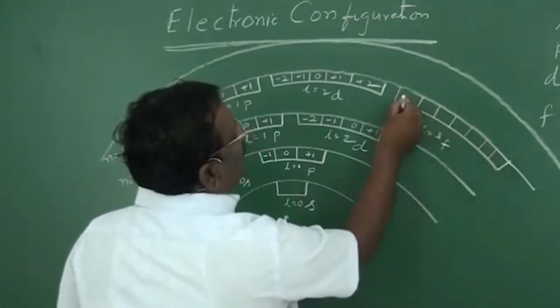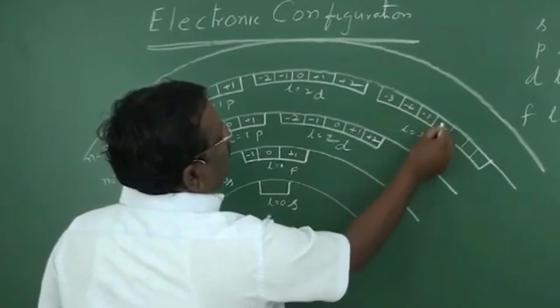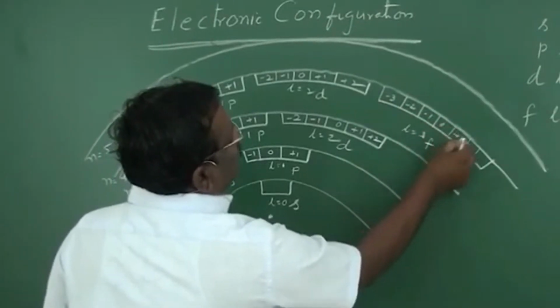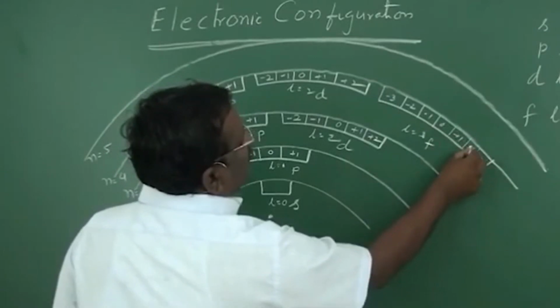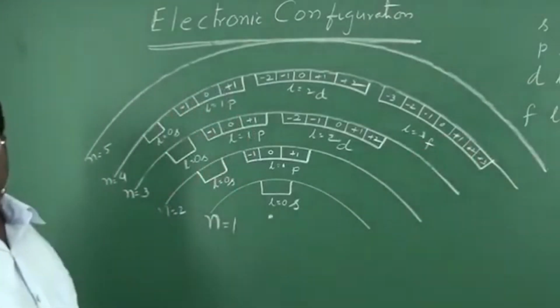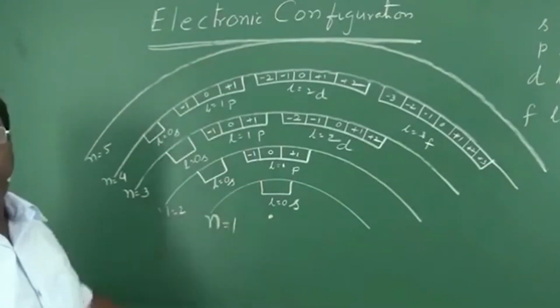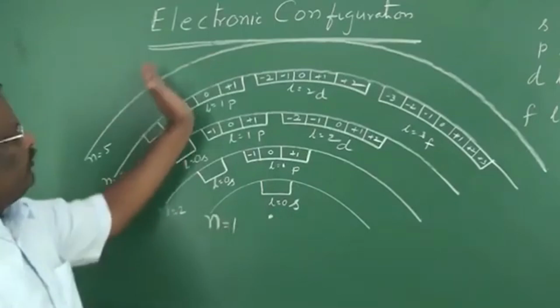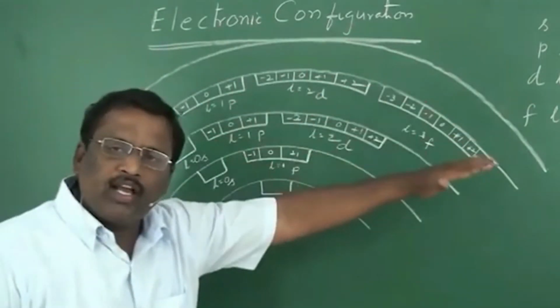And their M values are minus 3, minus 2, minus 1, 0, plus 1, plus 2, and plus 3. So this is the scenario. In the fifth energy level, similarly, we have 5 sub-energy levels.